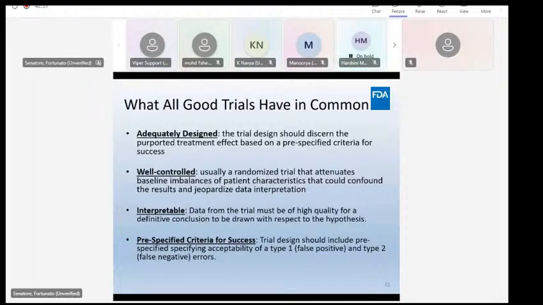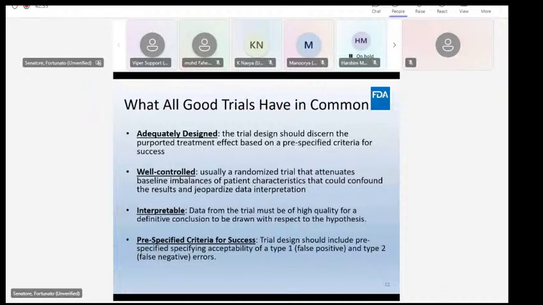So nothing is ever perfect, but we always assume that there's a small chance you're going to have a false positive. You think the drug works when it really doesn't, or a false negative, that you prove that the drug doesn't work when in fact it does work. You have to accept a small chance of that, and that criteria is the basis of a statistical analysis plan.